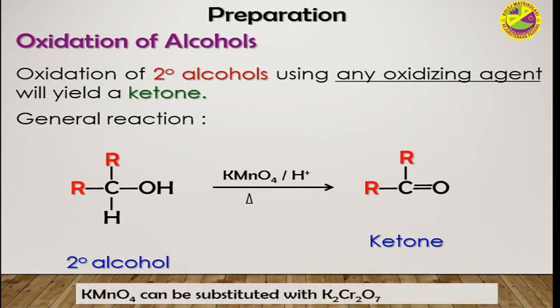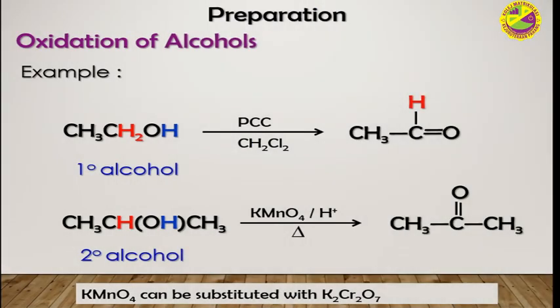KMnO4 can be substituted with K2Cr2O7. For example, if we have a primary alcohol which undergoes oxidation, the hydrogen attached to the carbon and the hydrogen attached to the oxygen will be eliminated, and the product formed is an aldehyde.